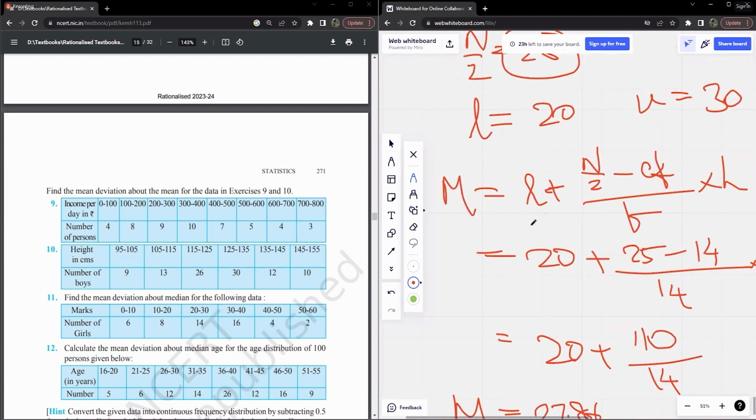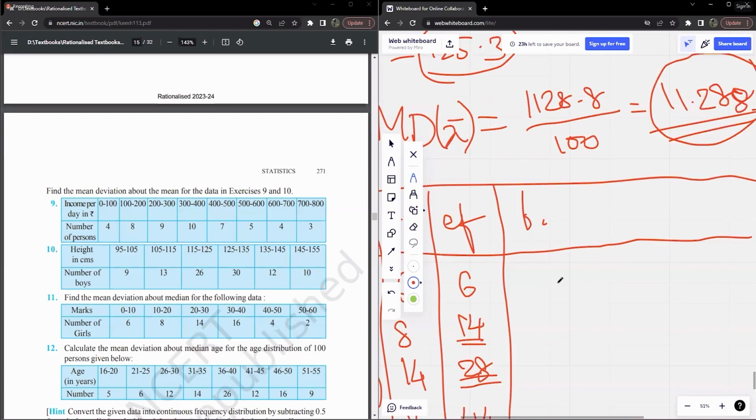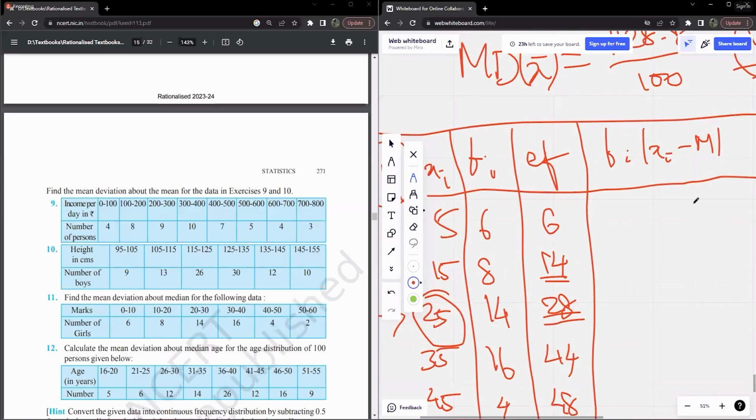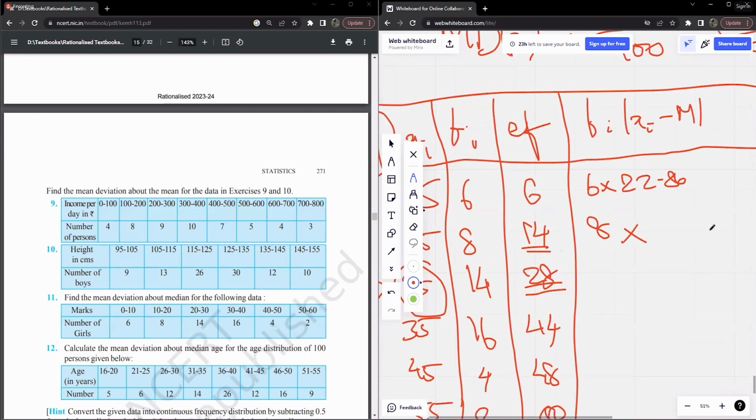Therefore, we have Fi times the absolute value of Xi minus M over here. Remember that the median is 27.86. So this is going to be 6 into 5 minus 27.86, that is 6 into 22.86. Then you have 8 into 12.86.